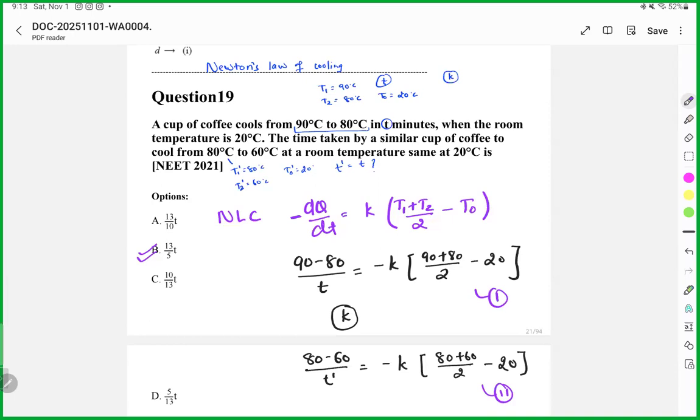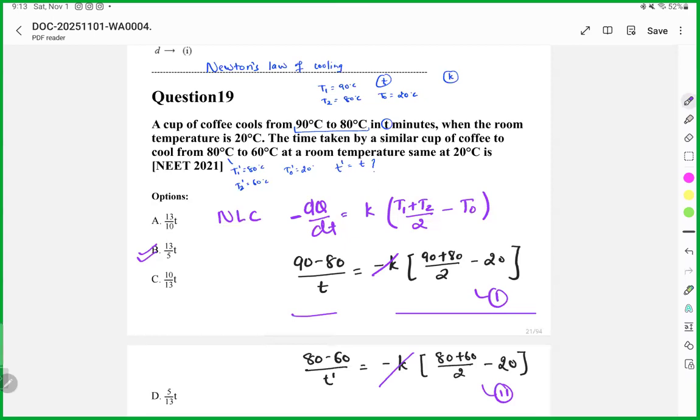The easiest way to do this is to take the ratio of them. You don't need to calculate the K value. What people will do is first calculate the K value and then put it in the second situation. No need, just take their ratio. K value will be cancelled out and now it will be easy.